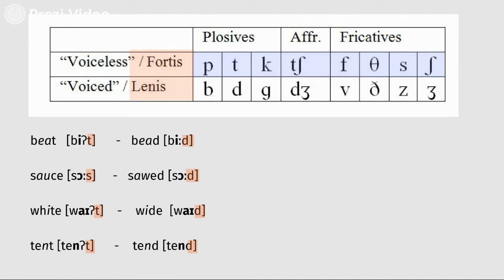And the length of the diphthong in white is perceived as being a bit shorter than that in wide. And the length of the nasal sonorant n in tent is perceived as being a bit shorter than that in tend. This phenomenon is known in phonetics as pre-fortis clipping.